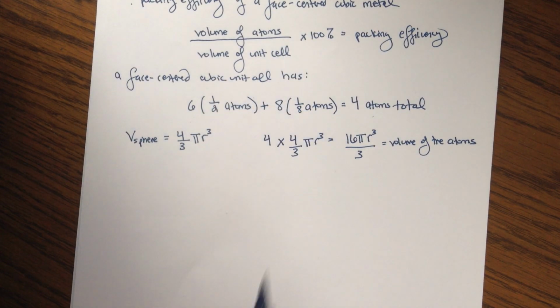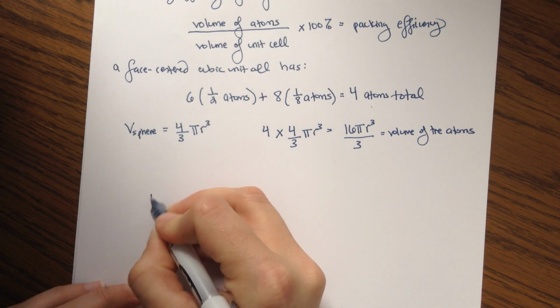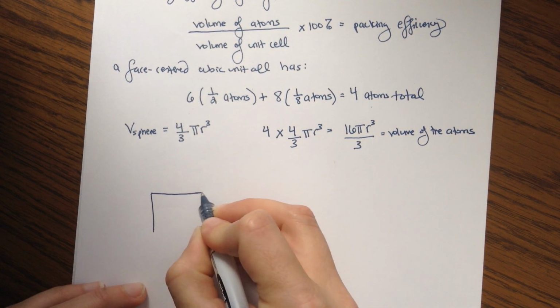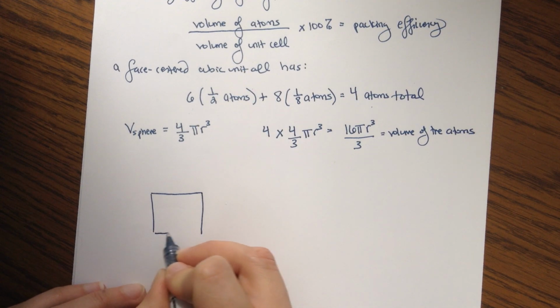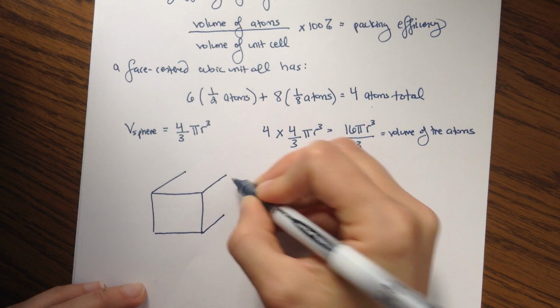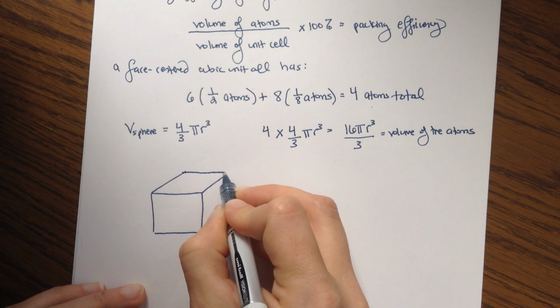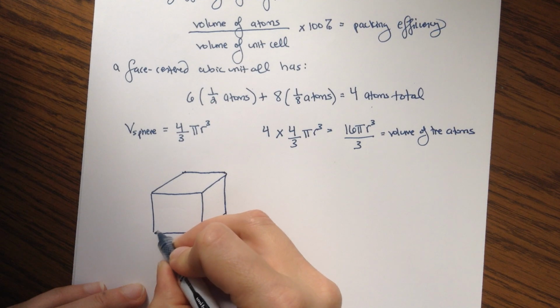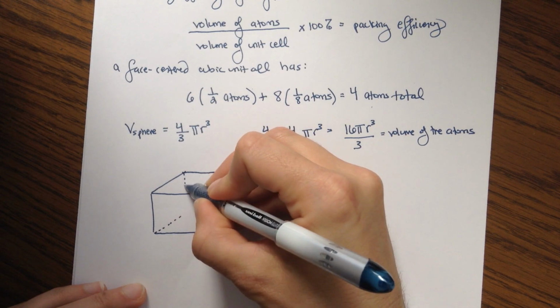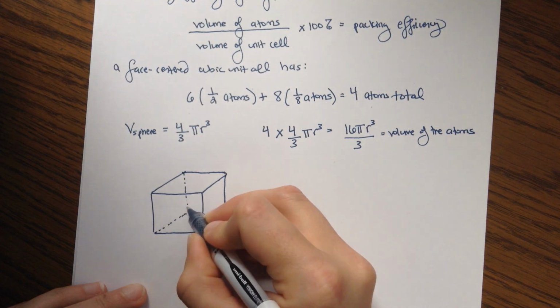We've got this first number down. Now let's work on finding the volume of the unit cell. I'm just going to draw a real quick sketch of the cubic unit cell. Now I am not an artist, as you can tell already. Another reason why I didn't end up teaching geometry.